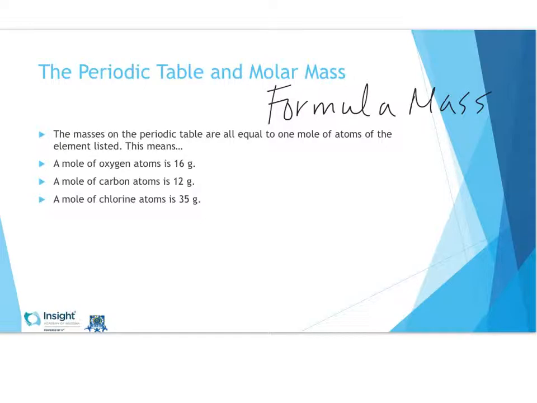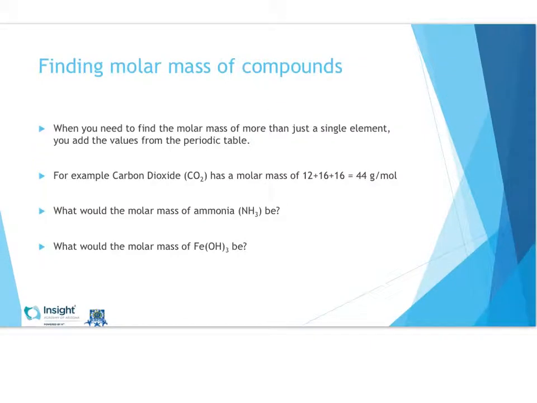If you had a mole of oxygen gas, which was O2, that'd be 32 grams, so you multiply it by 2. A mole of carbon atoms is 12 grams. A mole of chlorine atoms is 35 grams. Okay, so once you know that a mole of just one of those atoms has the mass of what's on the table, you can easily figure out the formula mass of a chemical formula. You just add the numbers together.